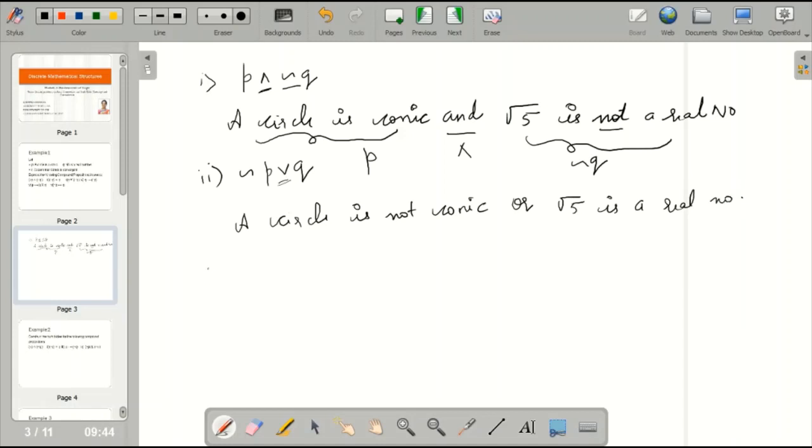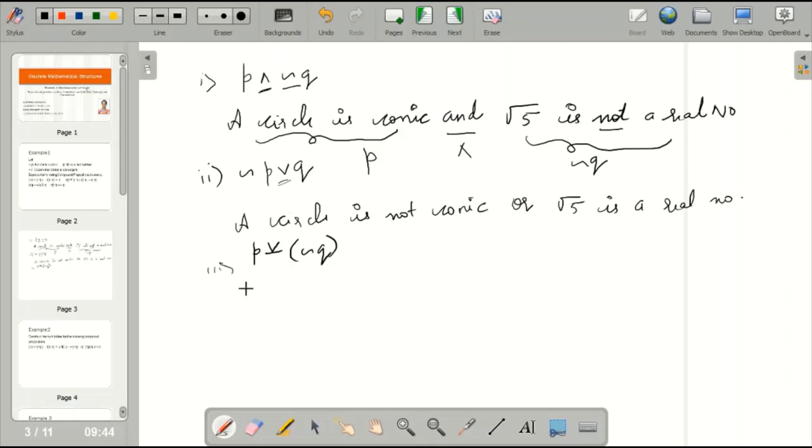What is the third question? Third question is P exclusive disjunction negation of Q. So what is P as it is? How will you write exclusive disjunction over here? It is an either-or case, but not both.